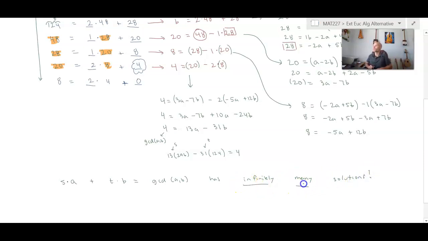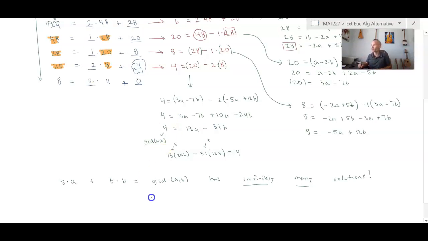How can this have infinitely many? Well, all we're saying is that 13 and negative 31 are kind of the first two values that will do this. I mean, 13 is the smallest possible integer for S that we can have. Now we can certainly make them bigger or invert their signs.